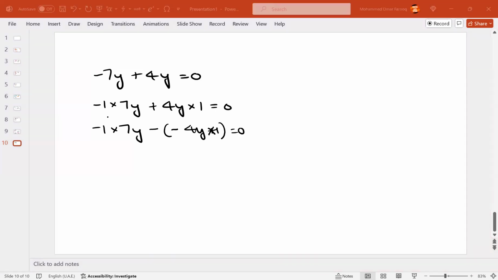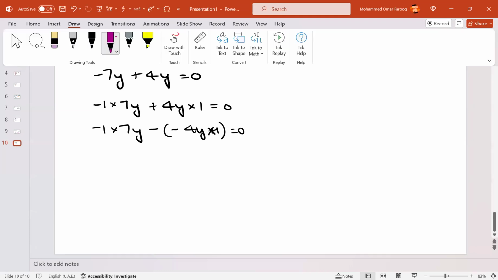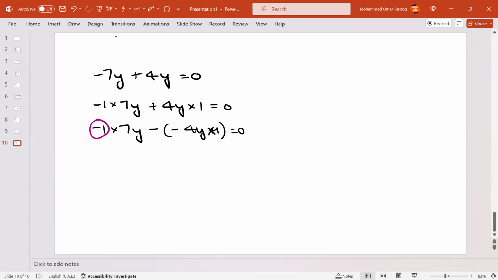Now, what do you have common here? Minus 1 is common. If I take minus 1 out from the two terms, what is left? 7y, and this minus is 4y.